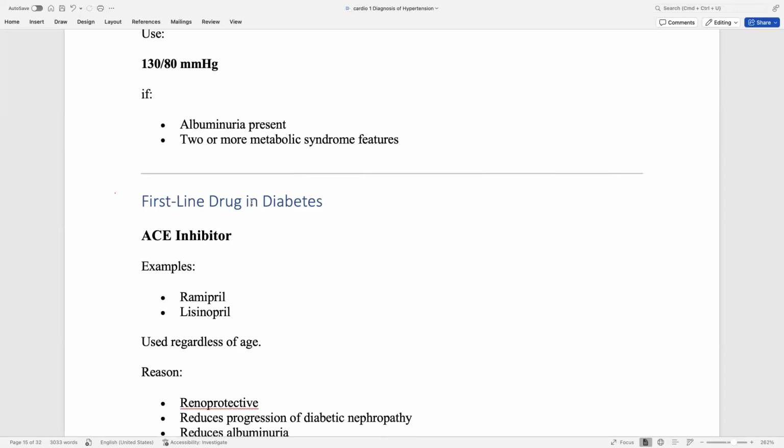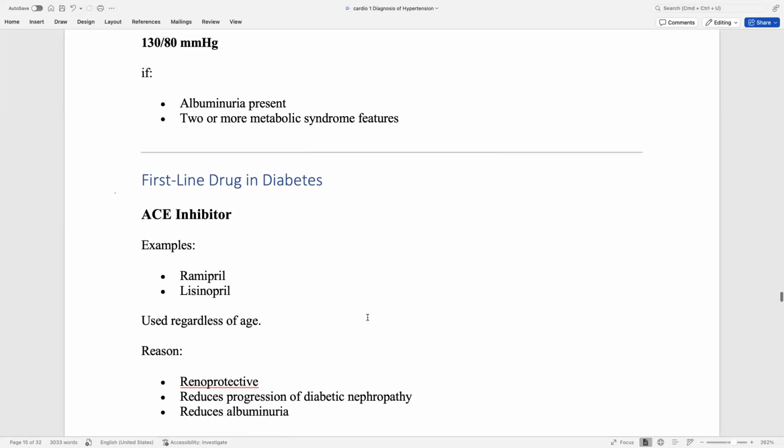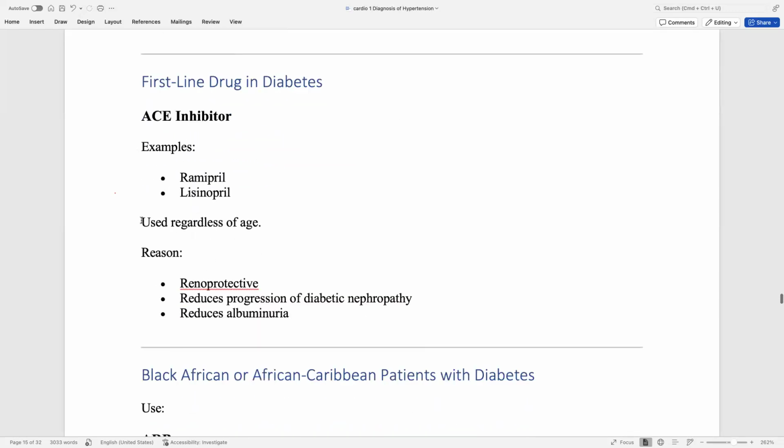They are the first line for hypertension in diabetes, even if the patient is Afro-Caribbean or elderly or whatever. The presence of diabetes is superior to the other issues, regardless of age.